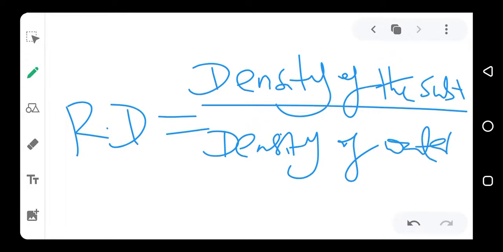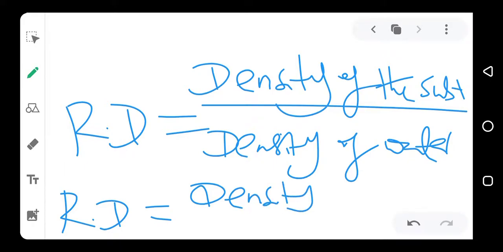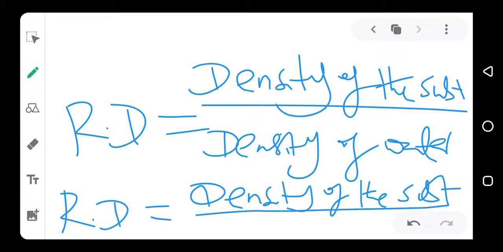Now, since we know that the density of water is 1000, we can also say that the relative density of a substance is equal to density of the substance all over 1000, because this 1000 represents the density of water. So these are the ways we express relative density of different substances.